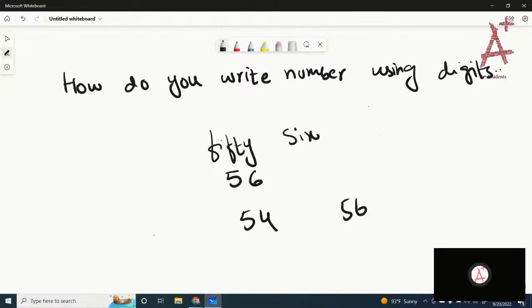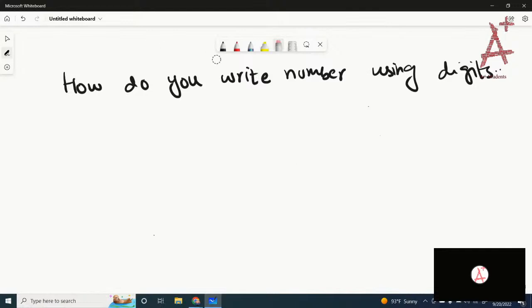Okay, how do you write the number using digits? Okay, the number is 502. The digit that is at the hundreds place is 5.